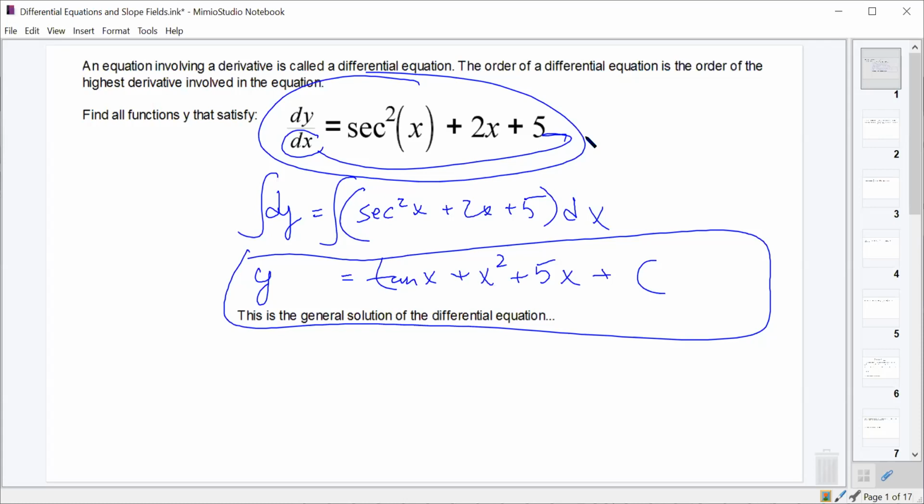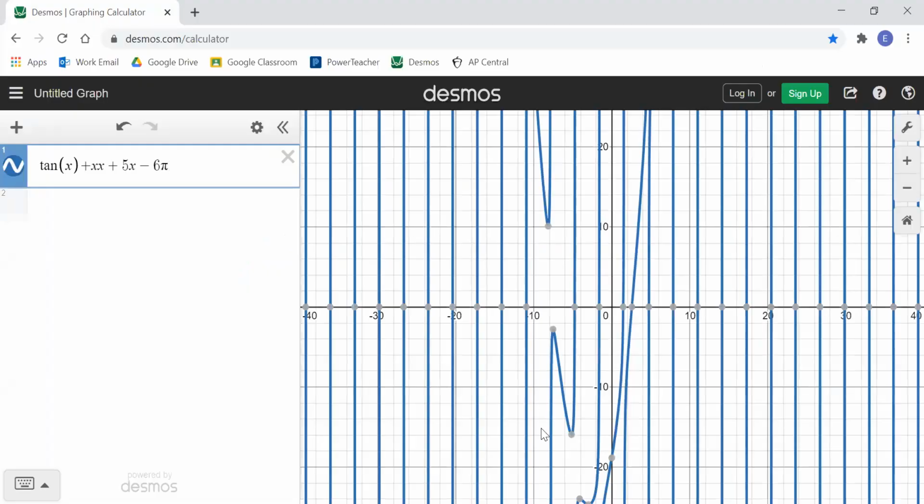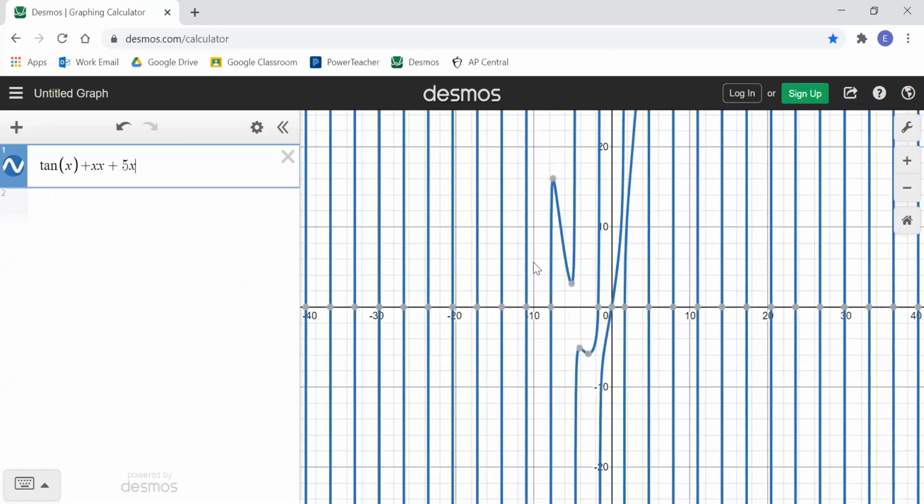Now, what if, let's go back here to Desmos. What if I said that I needed it not to go through the point 0, negative 6 pi, but I needed it to go through the point 0, 0. Right? Then my constant would have to be a certain fixed value, wouldn't it? Because some constants don't let me go through the point 0, 0.